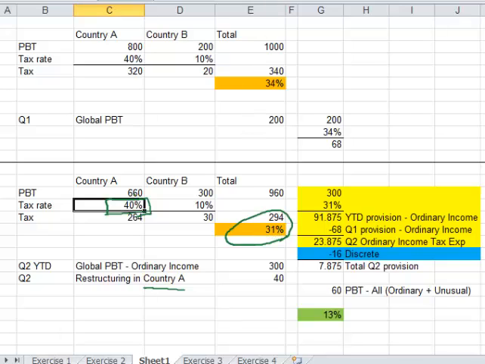So let me, oops. Okay, so it's 30.6% here, now that I factored that in. And if I go back to making that 700, it's 31%. So when I put more expenses in my country A column, that's going to move my mix of income favorably. So my rate drops on a blended basis.